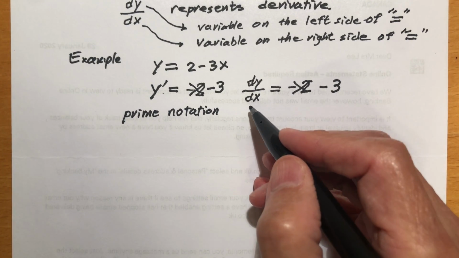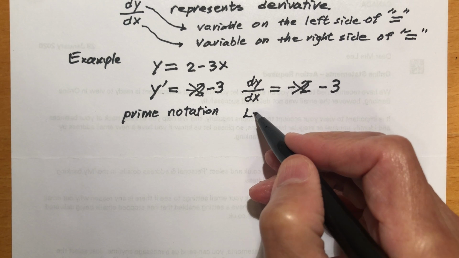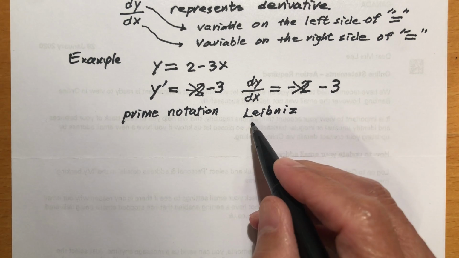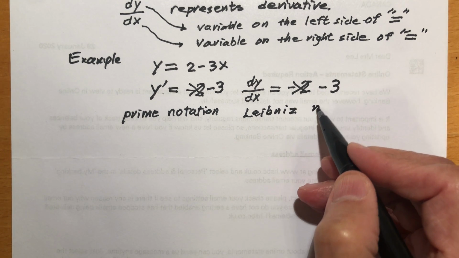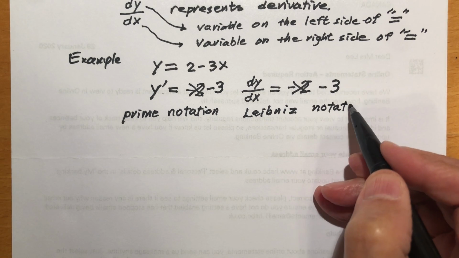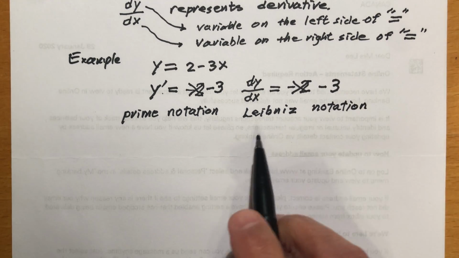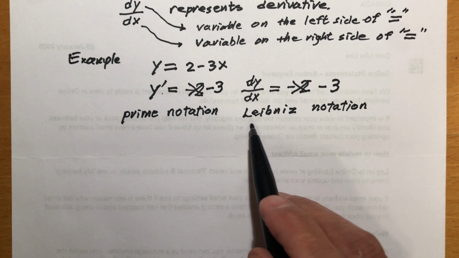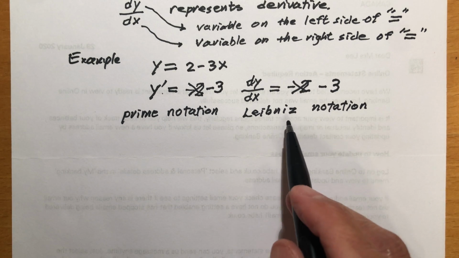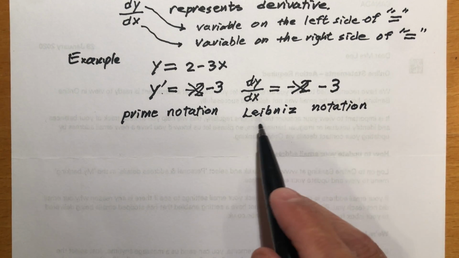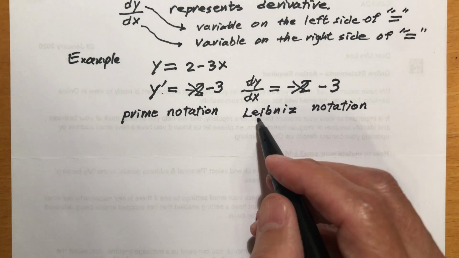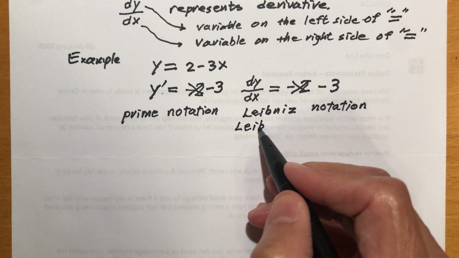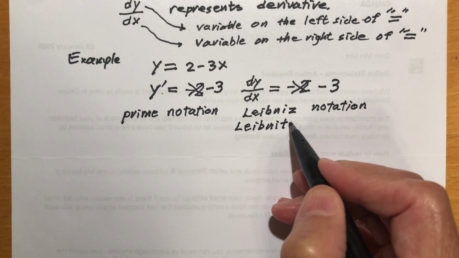This label is called Leibniz notation. He is a mathematician who contributed to calculus in the early years, so we use his name. There is another spelling which is equivalent, Leibnitz.